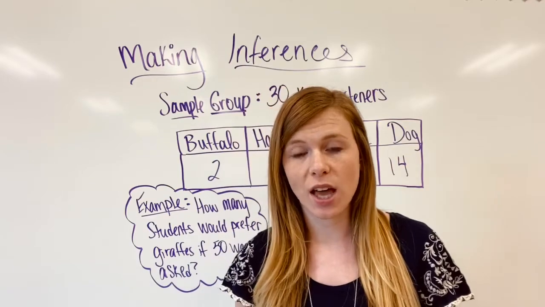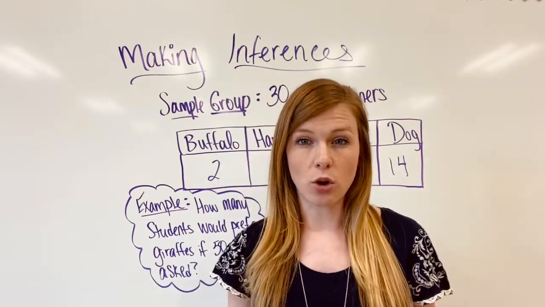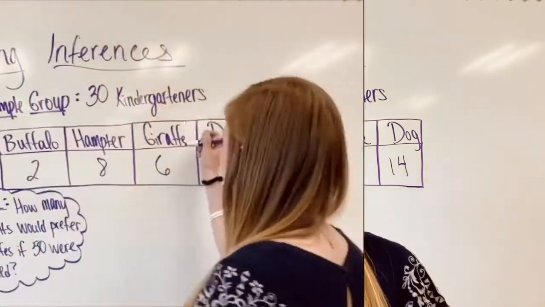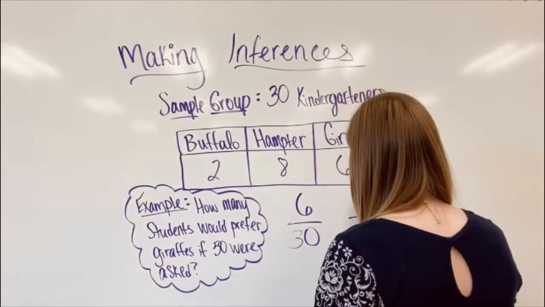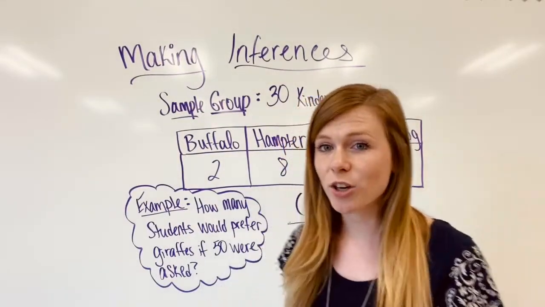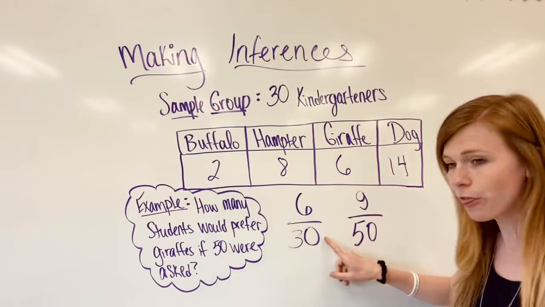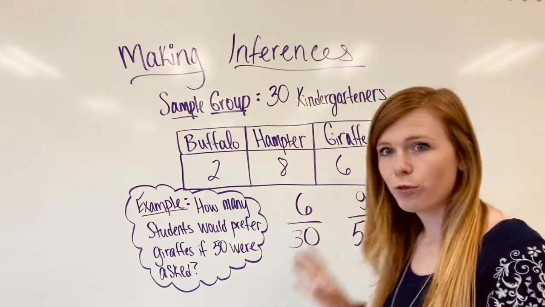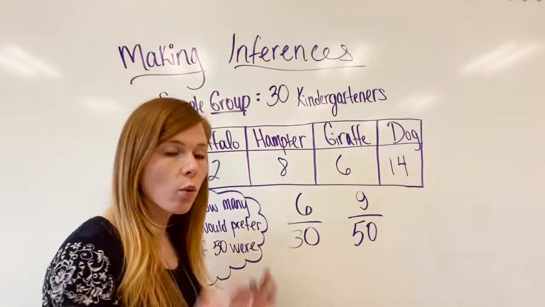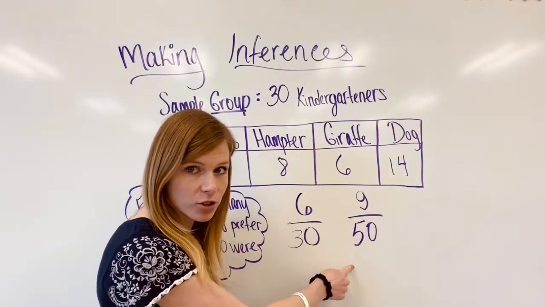So instead, we have to calculate this inference. So the first thing that I'm going to start with is writing down some information that I know for sure. By looking at the chart, I know that 6 students out of 30 students prefer giraffes. What I want to know is how many students would prefer giraffes if there were 50 students.